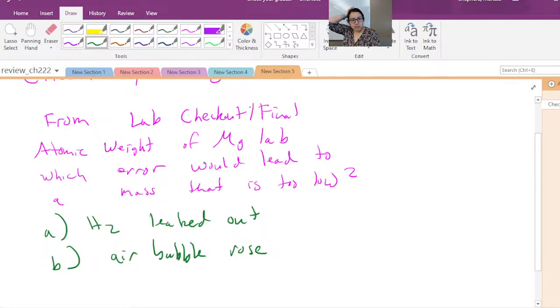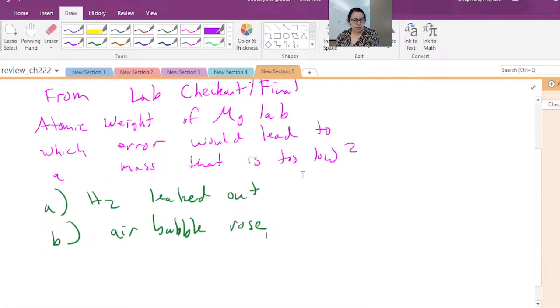And so it asks us to think back to that atomic weight of magnesium lab, and it says which error would lead to a mass that is too low. And so we have something that the H2 leaked out of the hole in our rubber stopper, or an air bubble broke loose from the rubber stopper and rose up.